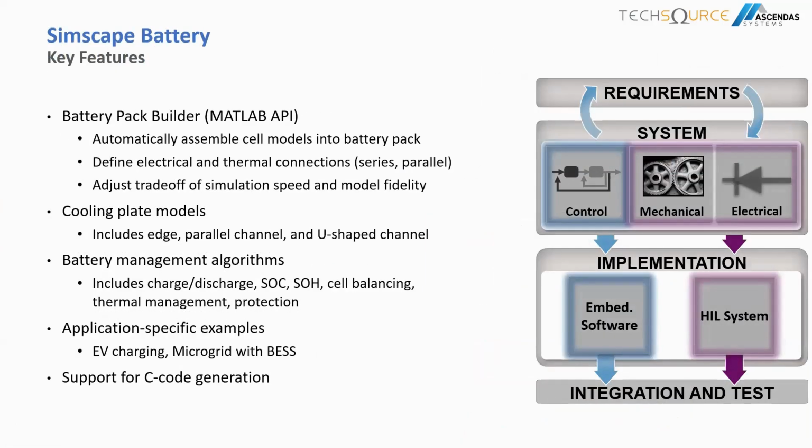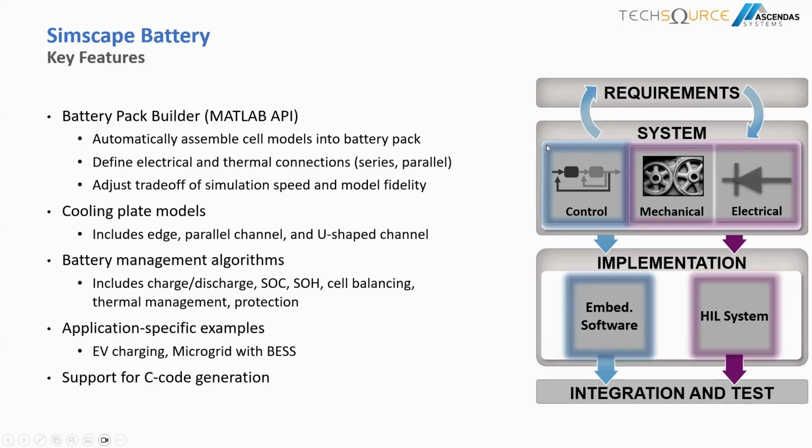The key features of Simscape battery are that it helps you assemble cells into packs, model thermal behavior, and simulate algorithms like charge, discharge, and protection systems. It automates this process by letting you adjust the trade-offs between, for example, fidelity and simulation speeds.